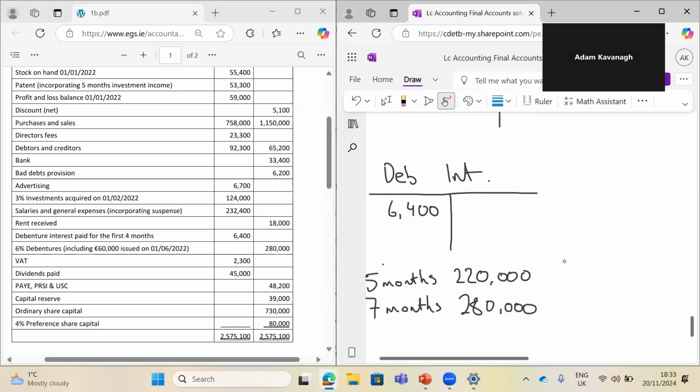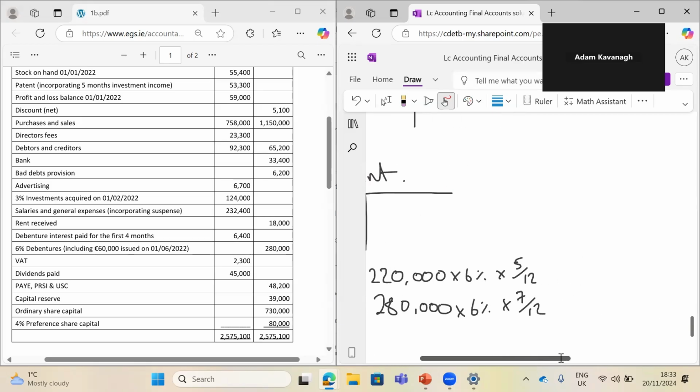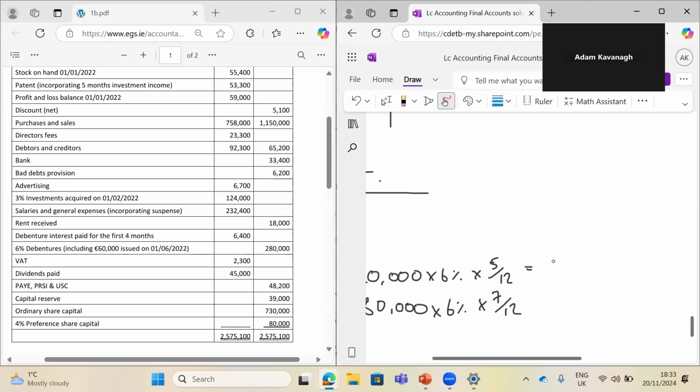So if you do 220,000 multiplied by 6%, multiplied by 5 over 12, and here it's going to be 280,000 multiplied by 6%, multiplied by 7 over 12. If you do both of those sums in your calculator, you should get 5,500 here, and here you'll get 9,800.